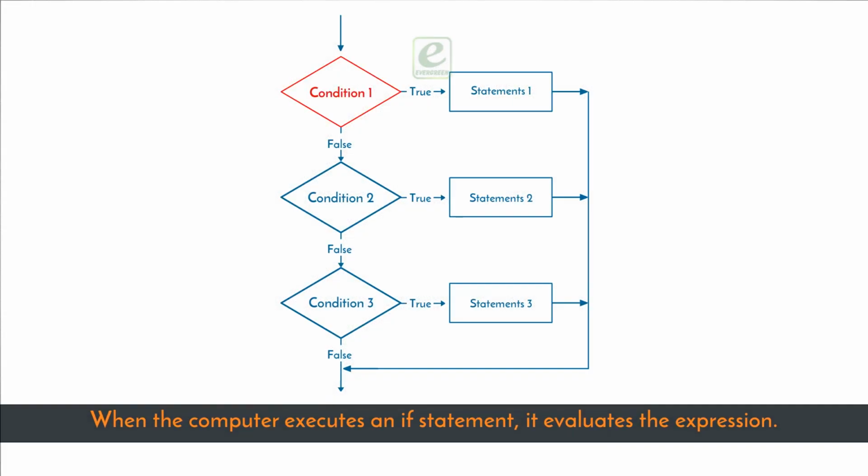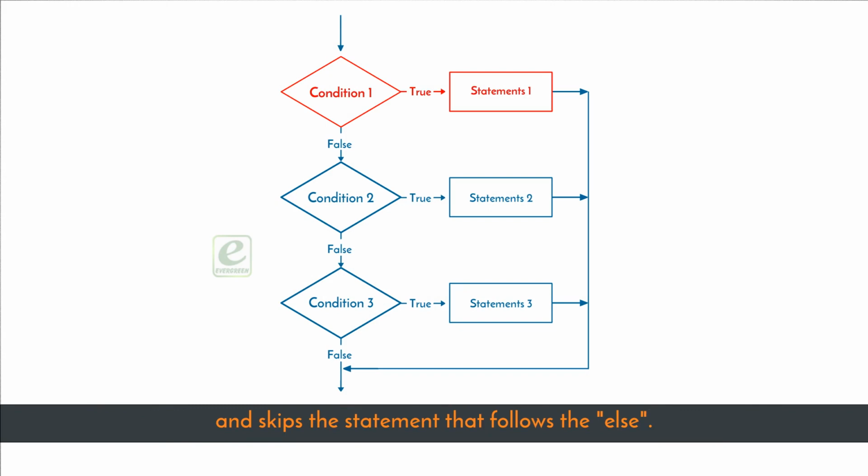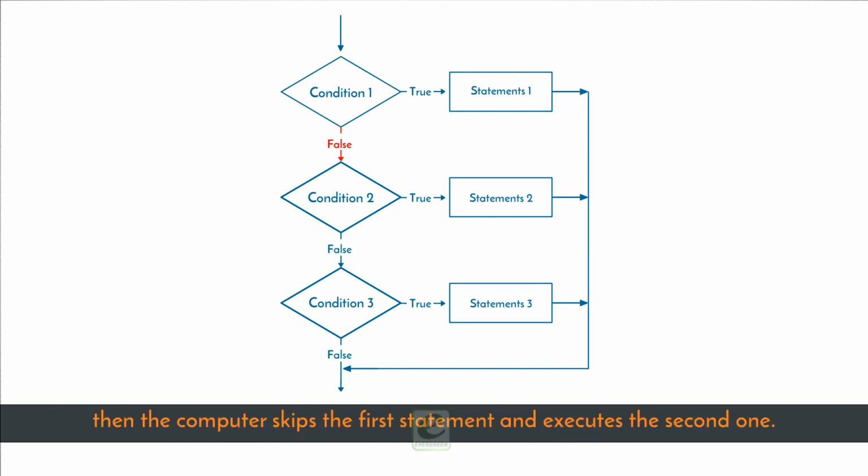When the computer executes an if statement, it evaluates the expression. If the value is true, the computer executes the first statement and skips the statement that follows the else. If the value of the expression is false, then the computer skips the first statement and executes the second one.